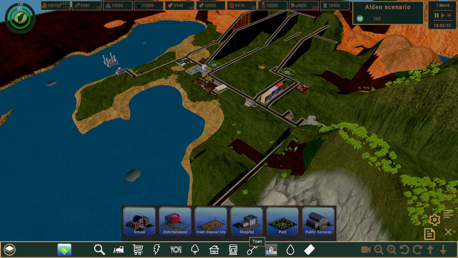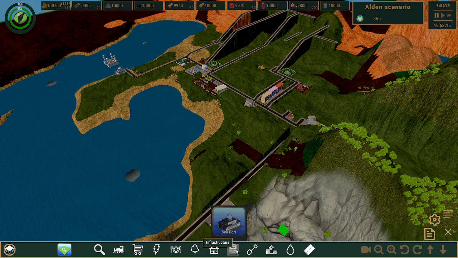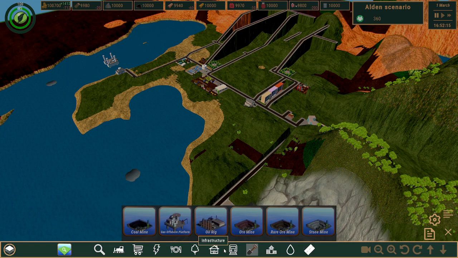You have then a lot of buildings which are related to public services or entertainment or education, etc. After that, you have all the buildings which are linked to exploiting natural resources, all the different mines and platforms. Some infrastructure, a seaport, in order to be able to build sea-bound structures, such as an oil rig, as presented here.